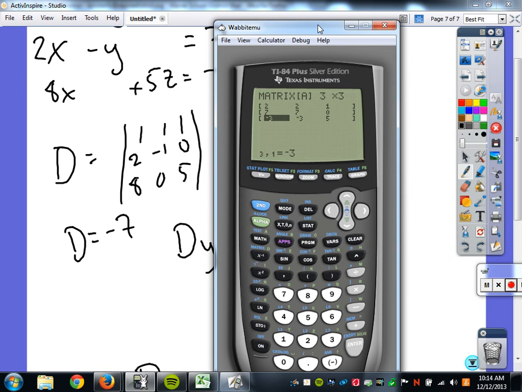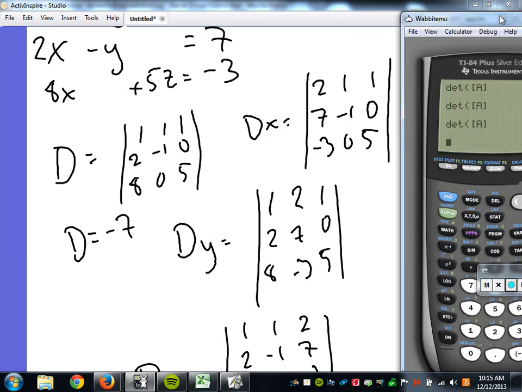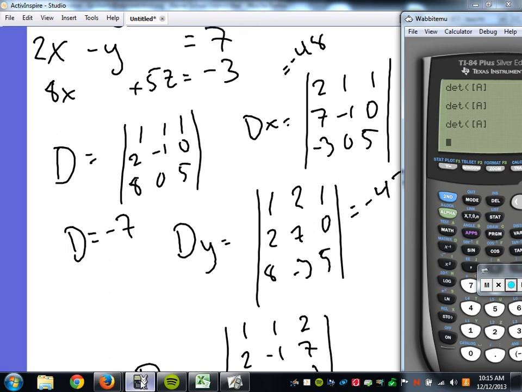So we come over here and we look at it, and it's 1, 2, 8. 8, 2, 1. Then I get it out. Second enter. So I don't have to go find all that stuff again. I just have to hit that. -47. So this was Dy, right? Dx was -48. Dy was -47. Now we go to Dz.